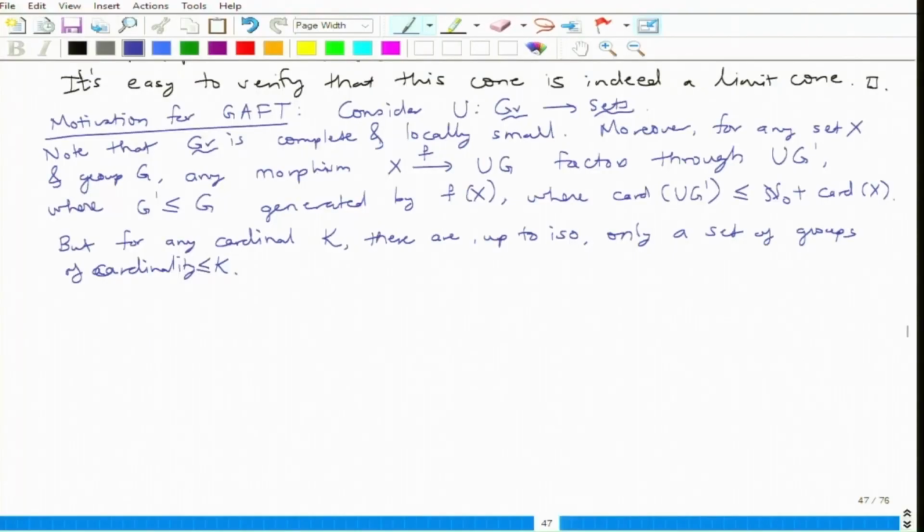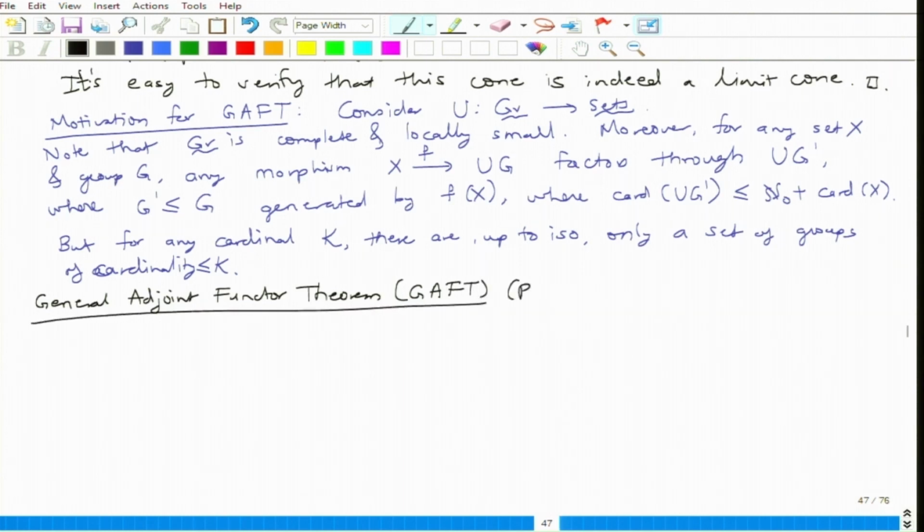Okay, so now I can state what GAFT is. The general adjoint functor theorem, which we usually write as GAFT. This theorem was originally proved by Peter Freyd.